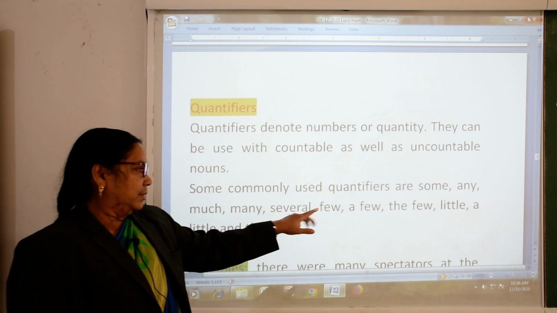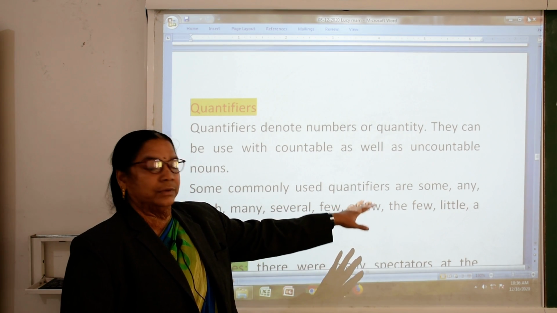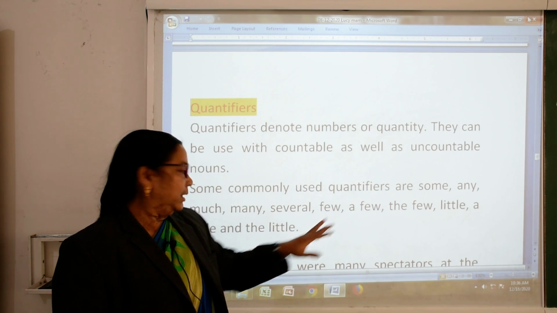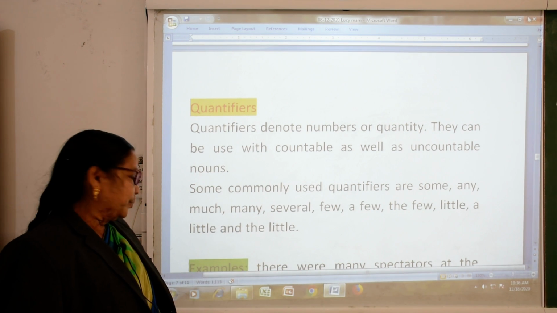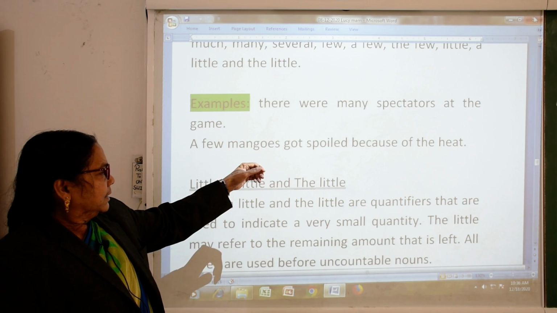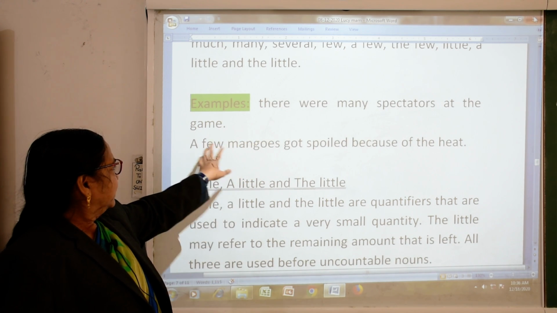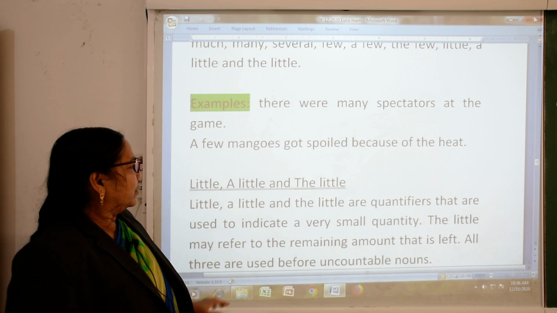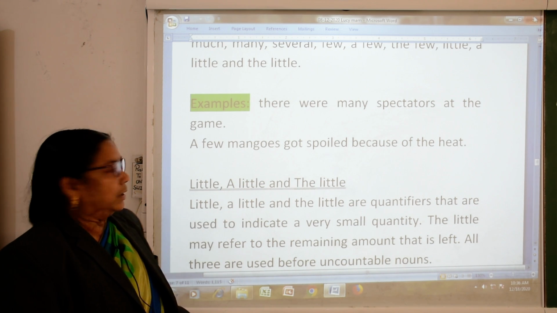We will see few, a few, the few, little, a little and the little. What are these? There were many spectators at the game. A few mangoes got spoiled because of the heat.